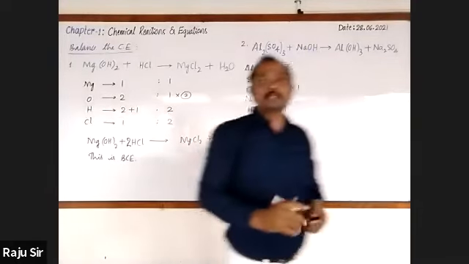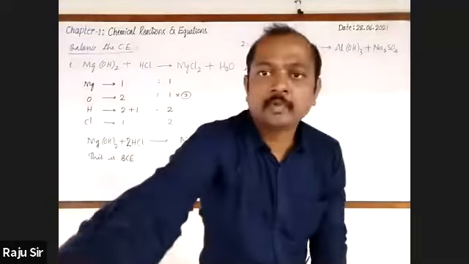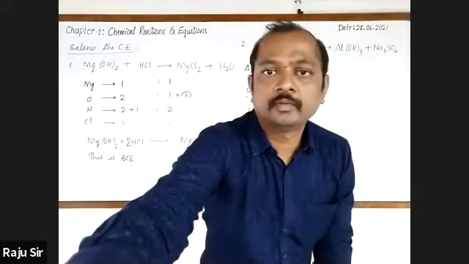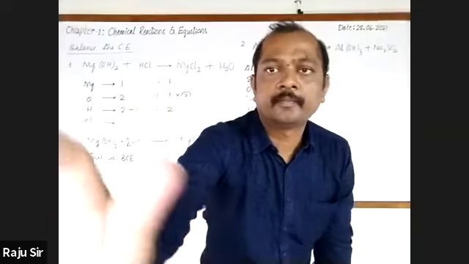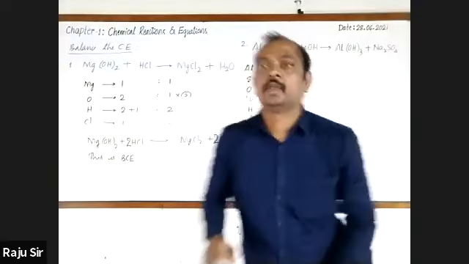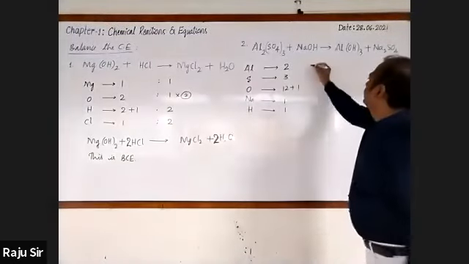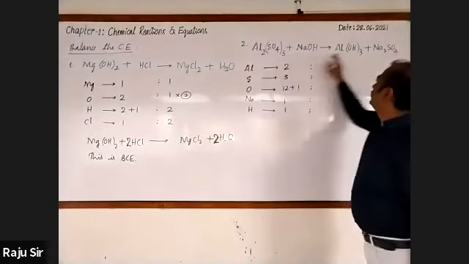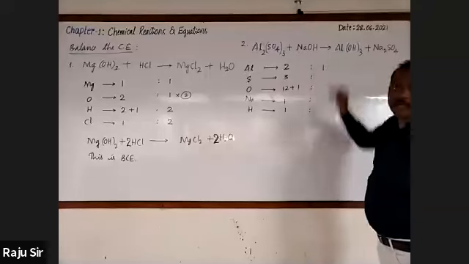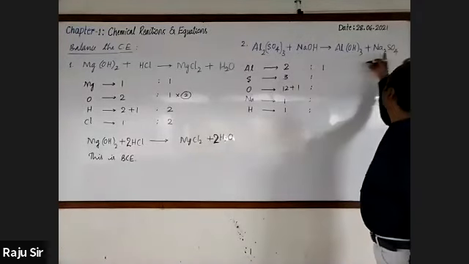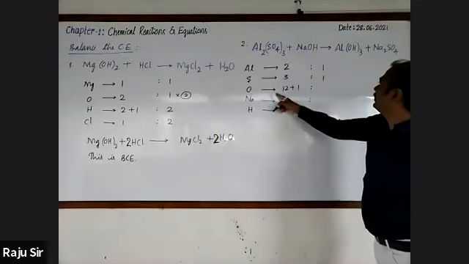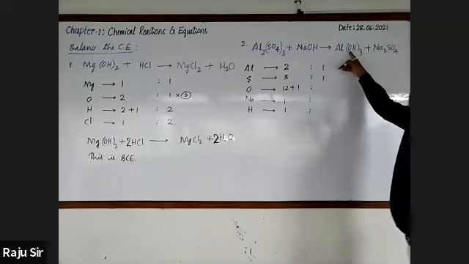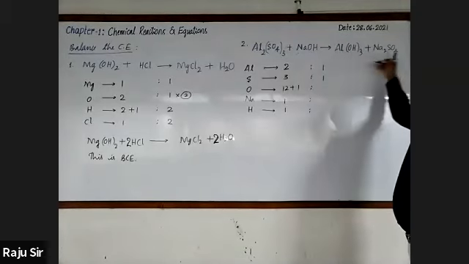Next on the product side, aluminium has only one atom, sulfur has one atom, oxygen here 3 ones are 3, here 4, 3 plus 4, 7.